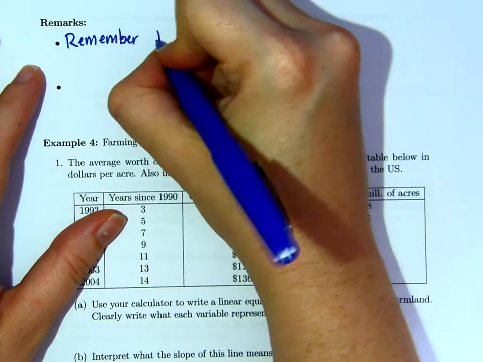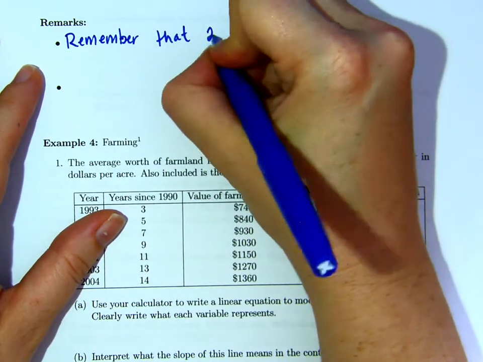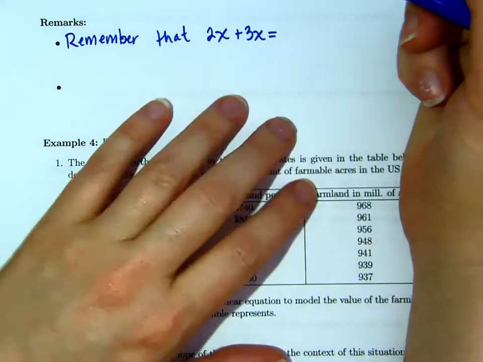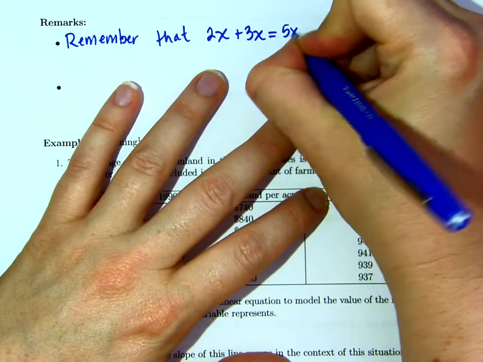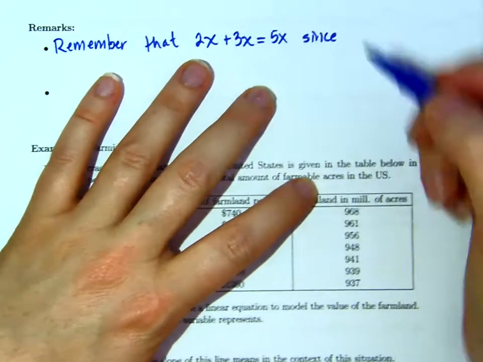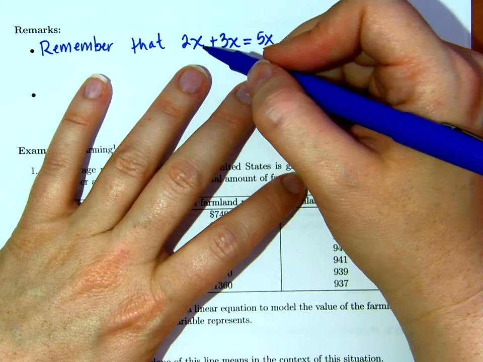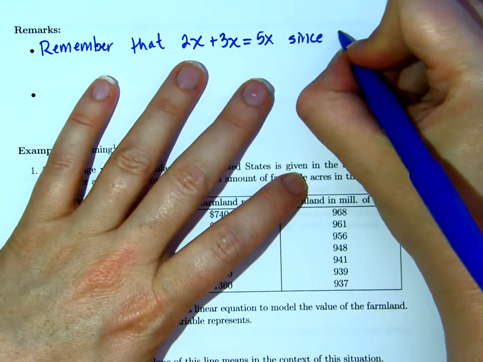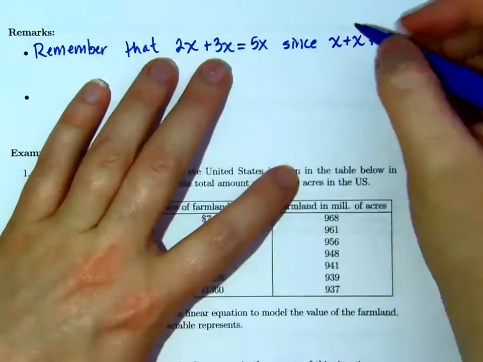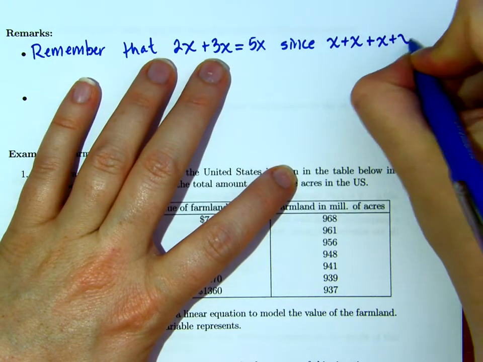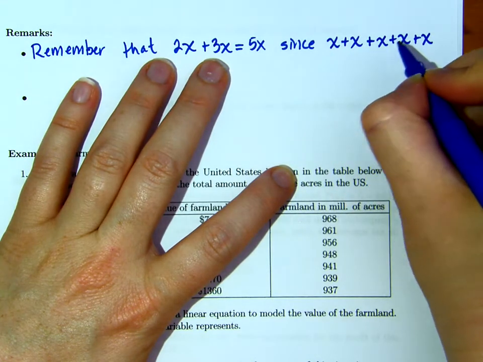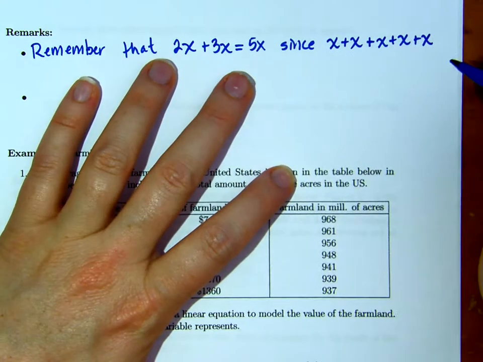Remember that 2x's plus 3x's is equivalent to 5x's, since this is 2x's, so multiplication is repeated addition, remember. So this is really x plus 3 more of them. 1, 2, 3. So this is 1, 2, 3, 4, 5 x's added together.